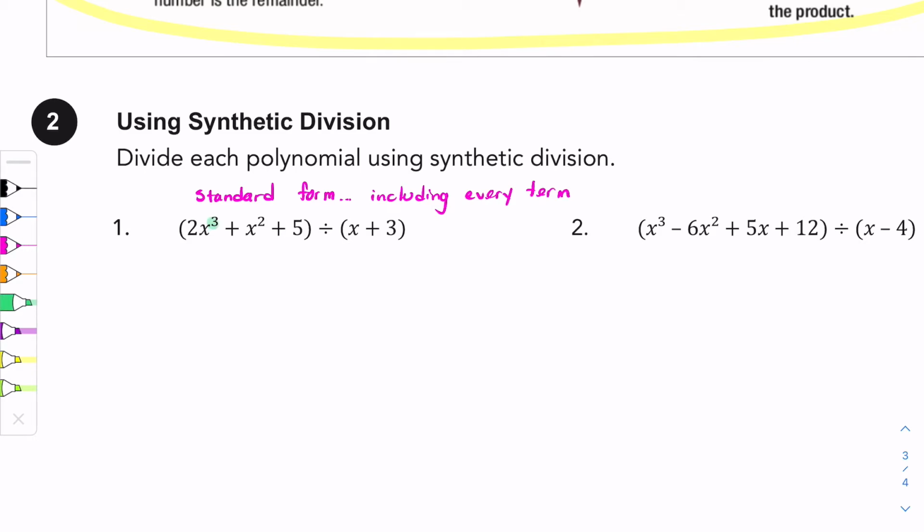We have 2x cubed plus x squared. We're missing our x term, x to the power of 1, and then we have our constant. So I need to rewrite this expression as 2x cubed plus x squared plus 0x plus 5 divided by x plus 3.